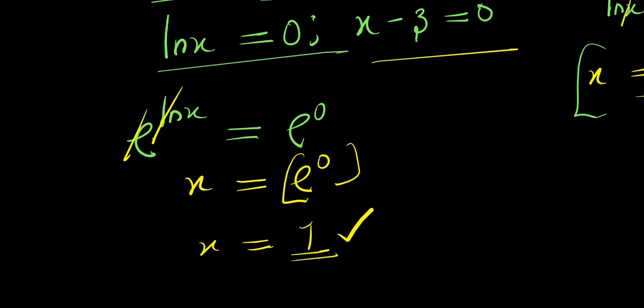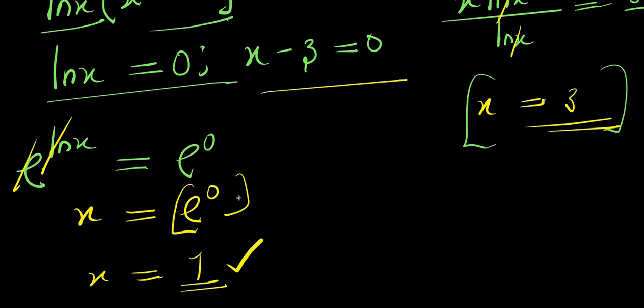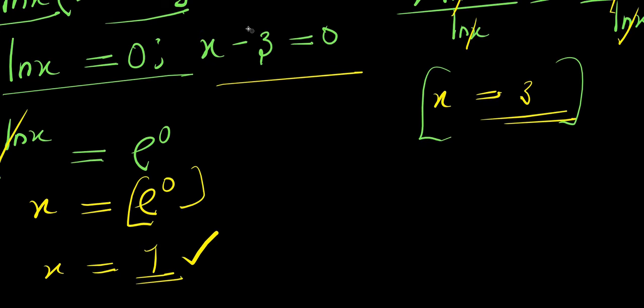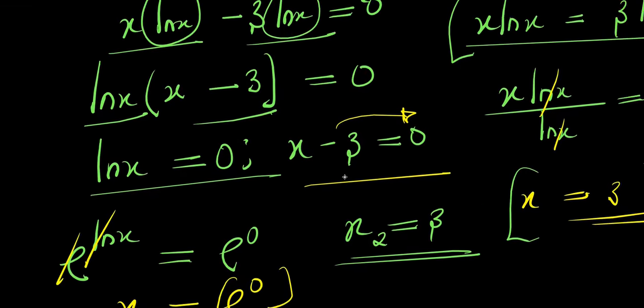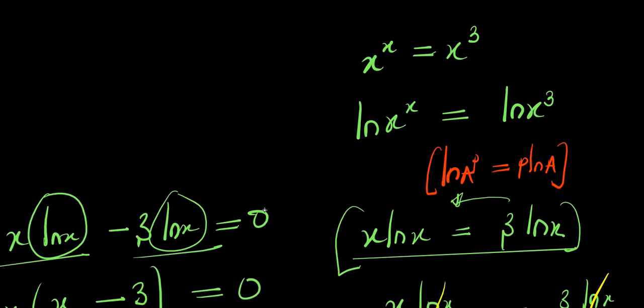For this one here, I will solve this linear equation by moving this negative 3 across here, and my x will equal 3. This is my x2, this is my x1. So in all, we have 2 different solutions.